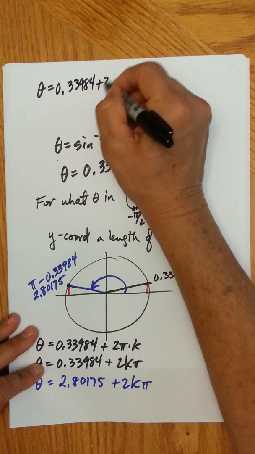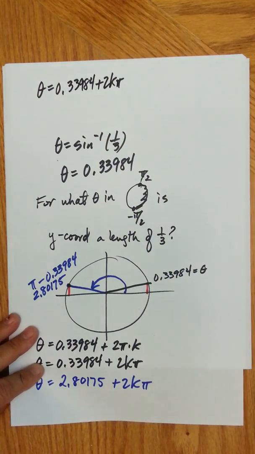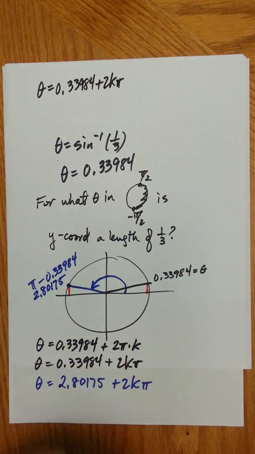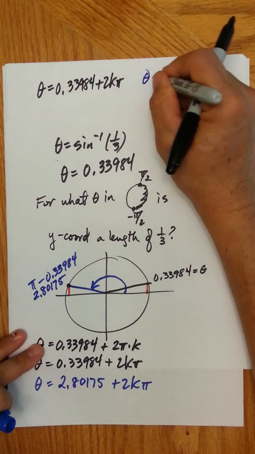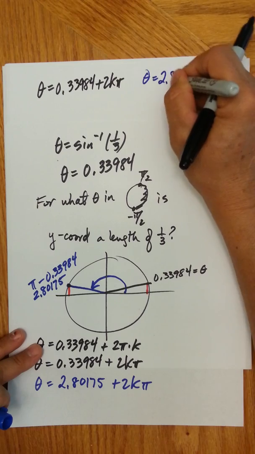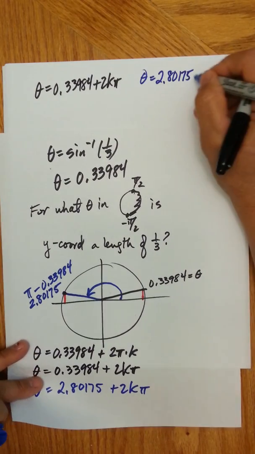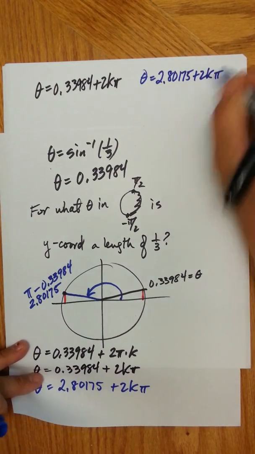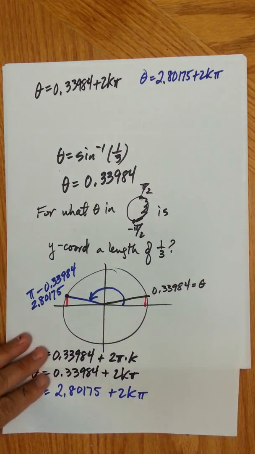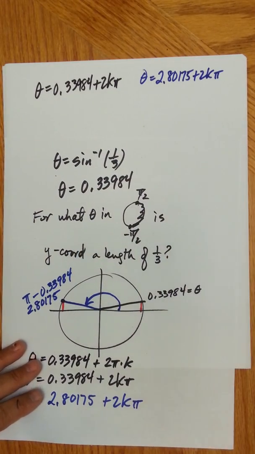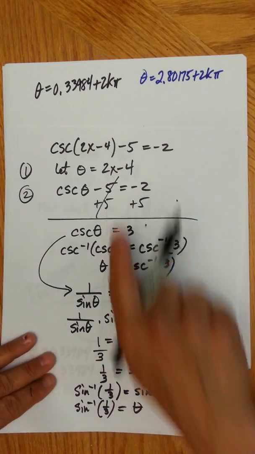0.33984 plus 2k pi, and I also have, let's take the other color, theta equal to 2.80175 plus 2k pi. I've got to go back and say, oh, but theta was 2x minus 4.